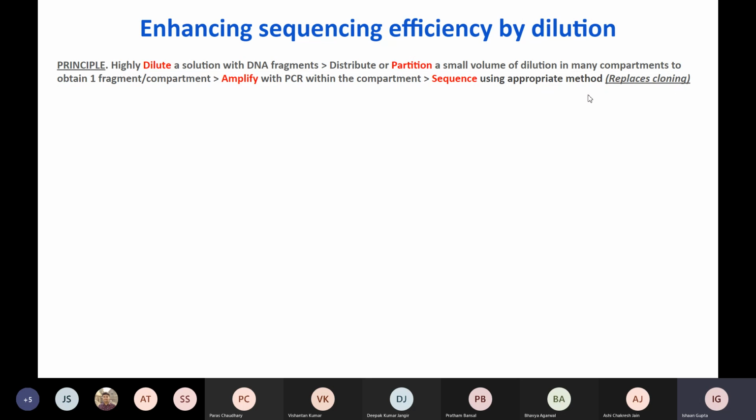They have engineered a way to replace the need for cloning. Because what was cloning solving for you? Cloning was solving the problem of how you would take a fragment of DNA, select it and then amplify that specific fragment, right? So by dilution, you get rid of that problem. You are able to isolate fragments and then selectively amplify those fragments.